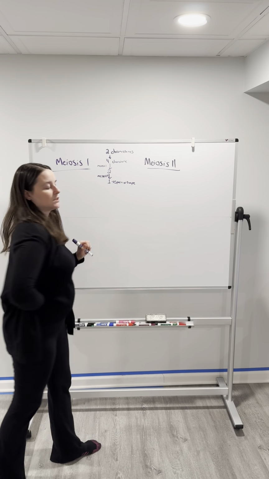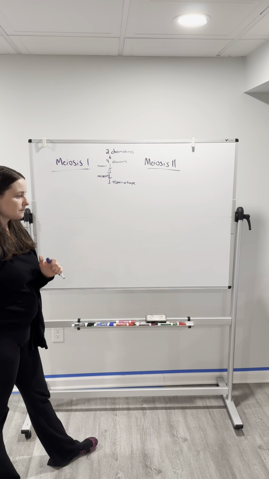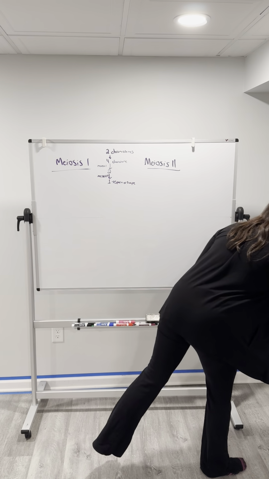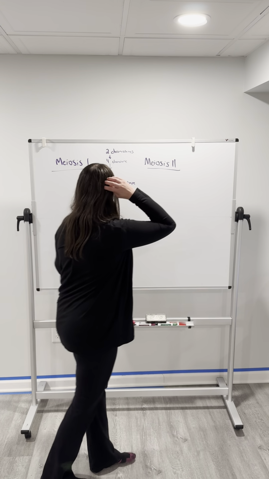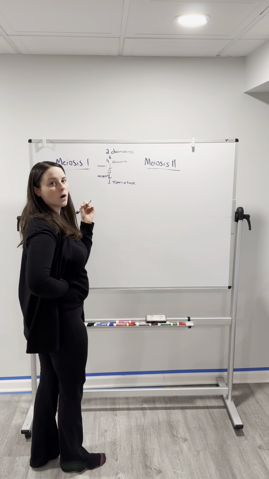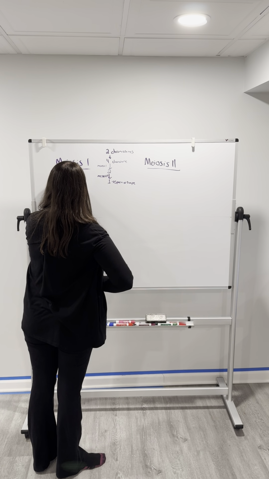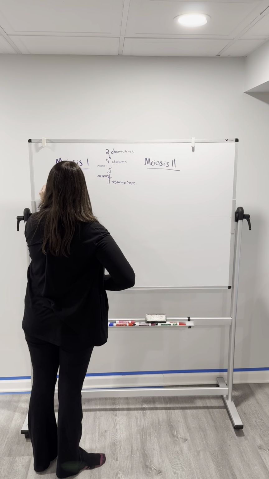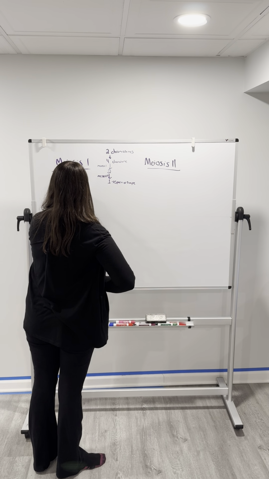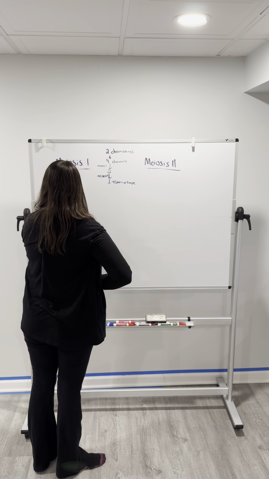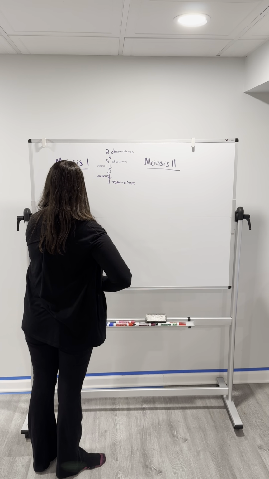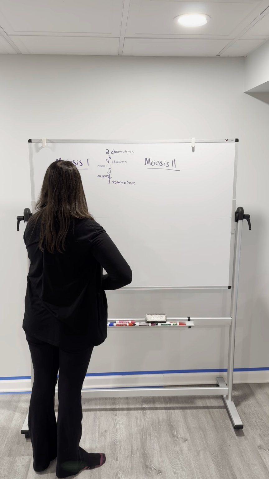Okay, so meiosis 1. We have the same thing, PMAT 1, and then in meiosis 2, it's PMAT 2. So prophase 1, metaphase 1, anaphase 1, telophase 1.